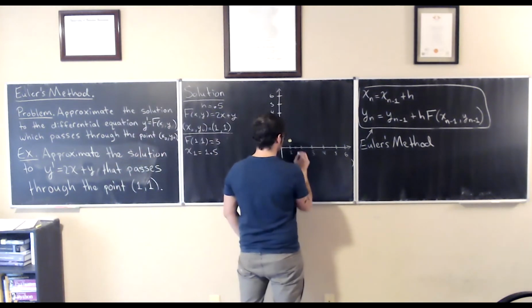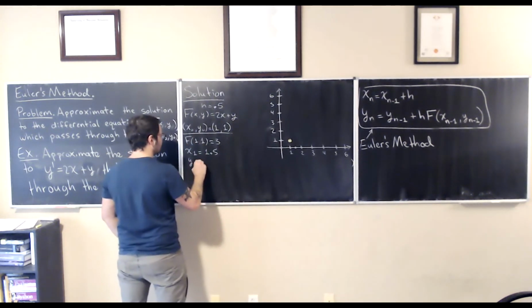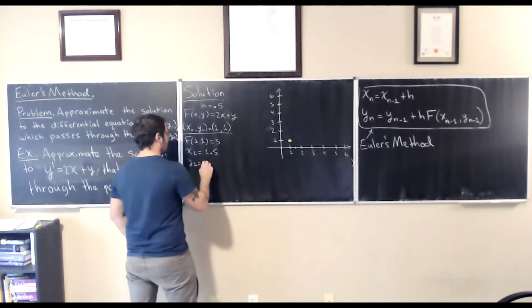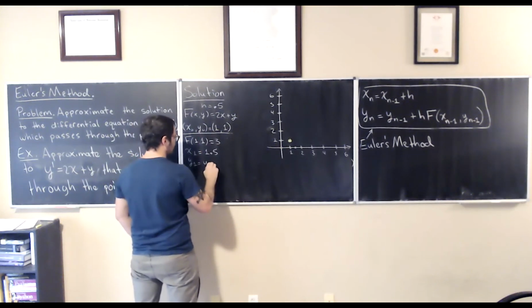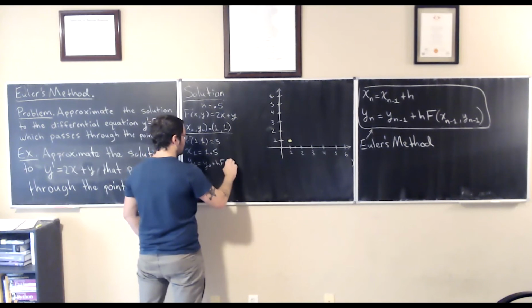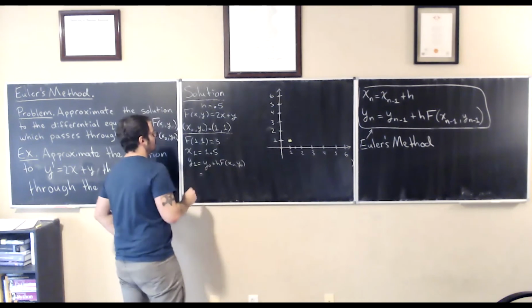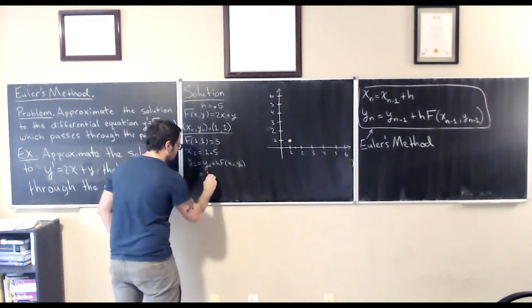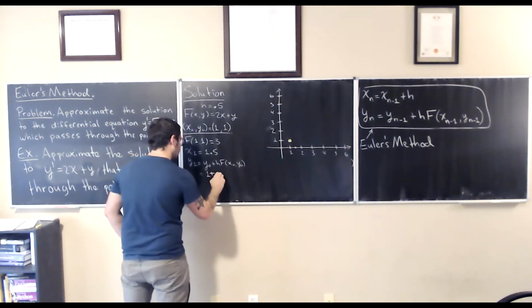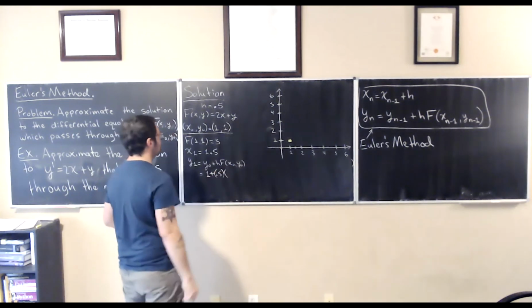There's our x1 right there. And then y1 is equal to, I'll just write it out, y naught plus h times f at x naught, y naught. So this would be 1 plus 0.5 times 3.